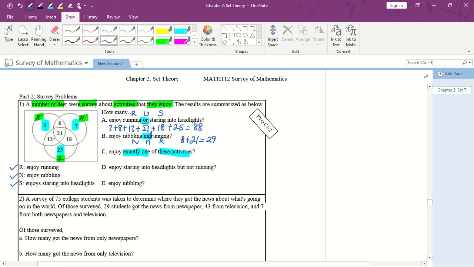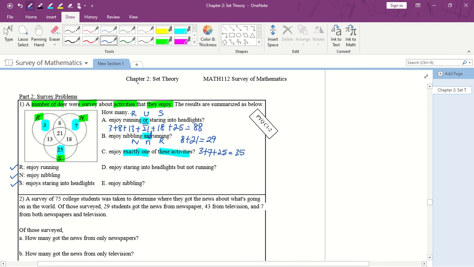You might ask, how about 13? 13 likes both of these events, 8 likes both, 18 likes both, and 21 likes all three. Since it says exactly one, these 3 only like running, these 7 only enjoy nibbling, and this 25 only enjoys staring into headlights. That's why it is 3 plus 7 plus 25, which is equal to 35.